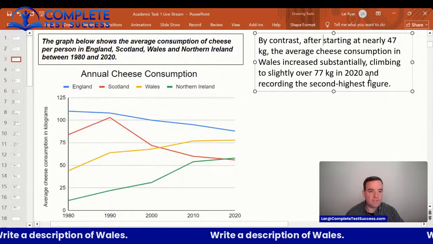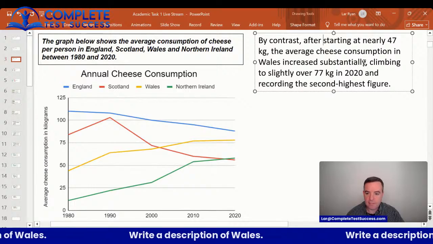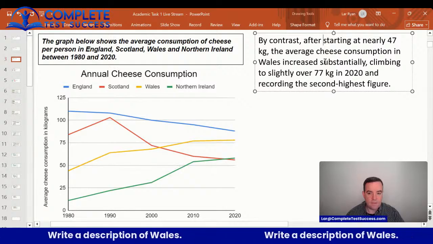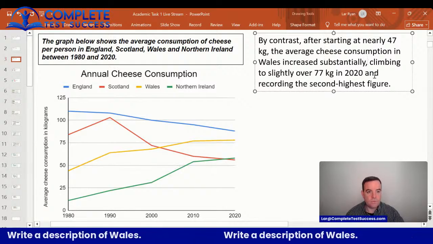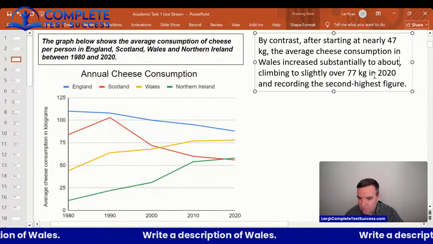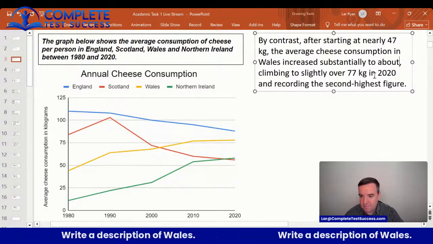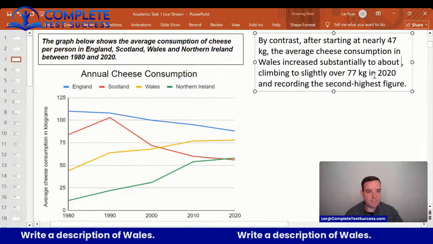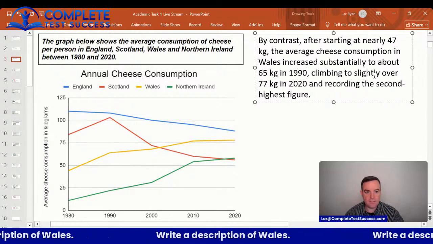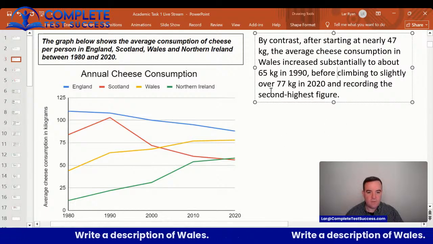Let's say, "By contrast, after starting at nearly 75 kg, the average cheese consumption in Wales increased substantially to, let's say, about, I don't know, what is that? Halfway between 50 and 75, maybe like 65, to about 65 kg in 1990 before climbing to slightly over 77."